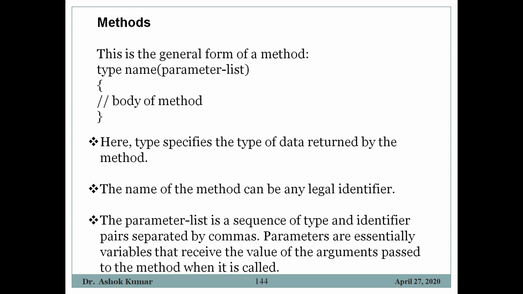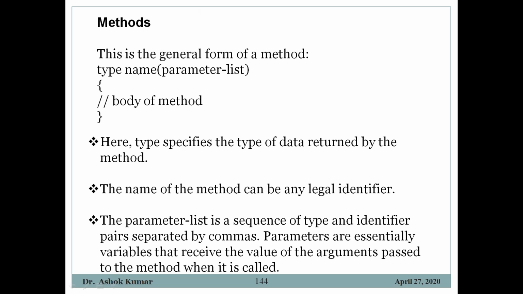The next slide is about methods. The methods are basically the functions, and this is the general form of a method, as you have already studied functions in C and C++ a lot. So we will quickly finish this topic.